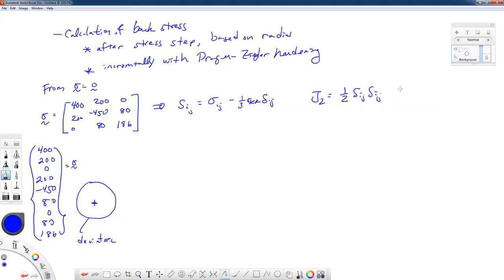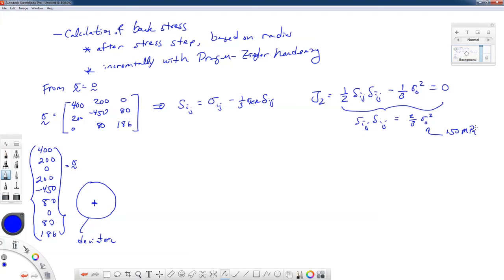If we set this criterion equal to 1/3 of sigma naught squared, we can rearrange this term, and oftentimes you'll see me write it like this: Sij Sij is equal to 2/3 sigma naught squared, where this is our initial yield stress, and for this particular problem I had stated that was going to be taken as 150 megapascals.